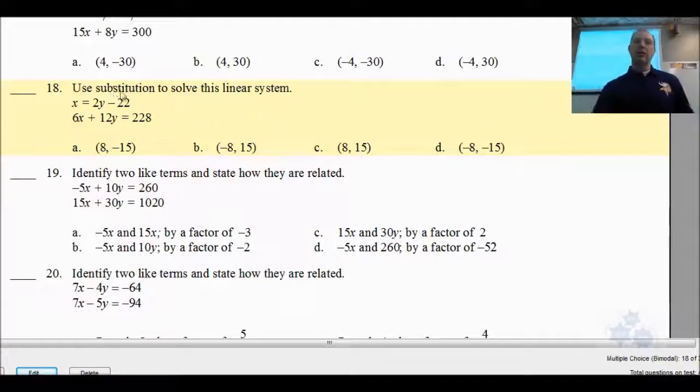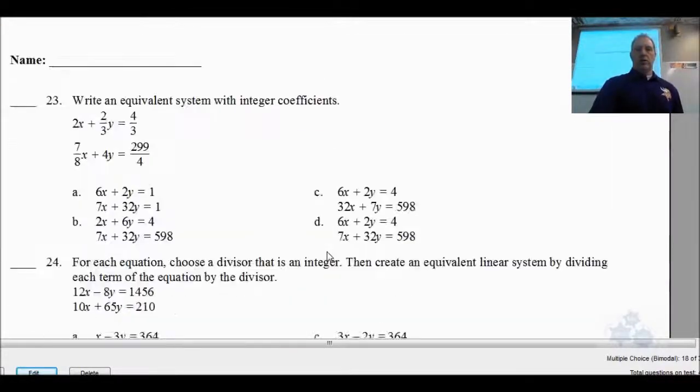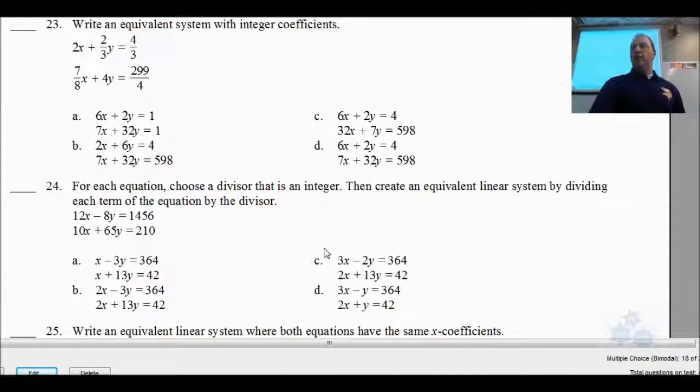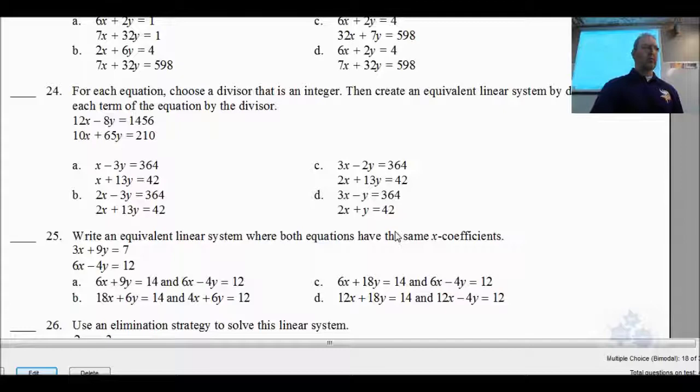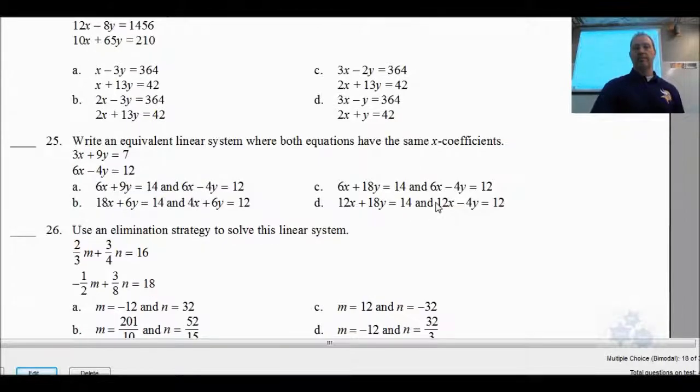But this one does say use substitution. There is value for the right answer. In multiple choice, unfortunately, a lot of times it's not a lot because you can guess. So you have to be careful. Sometimes there's part marks available, sometimes there's not.